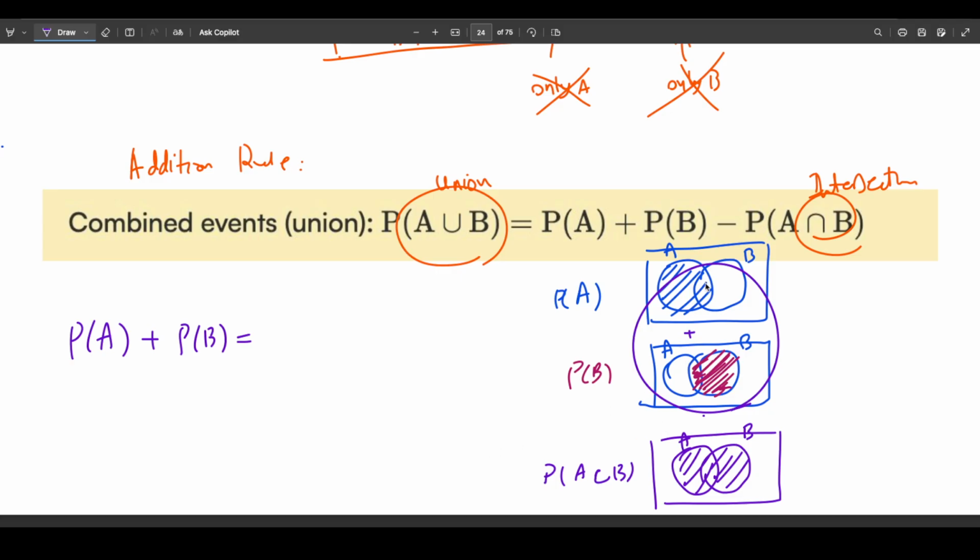If I add up these two cases, I'm going to count this common part twice. So it's basically probability of A or B, okay, and I have to do the subtraction here, probability of A and B. So probability of A, probability of B, but I have to subtract this value here. I have to say probability of A plus probability of B minus probability of A and B to have this case.